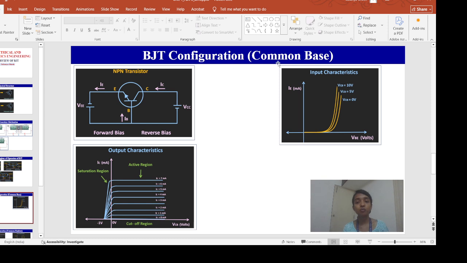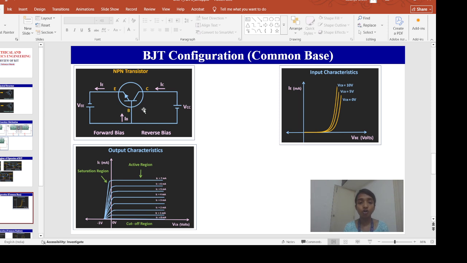So if it is common base configuration, it means base will be common between the input and the output, and this base terminal we should make grounded. Okay, so the rest of the connections will remain as they are. As I told, for normal operation, emitter base junction is forward biased and collector base junction is reverse biased.